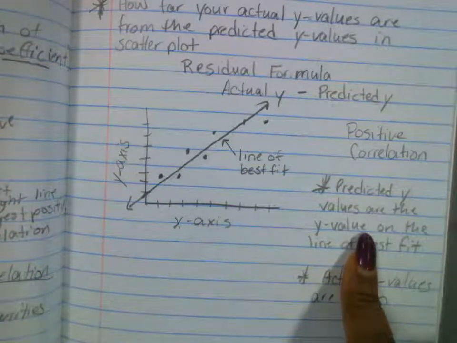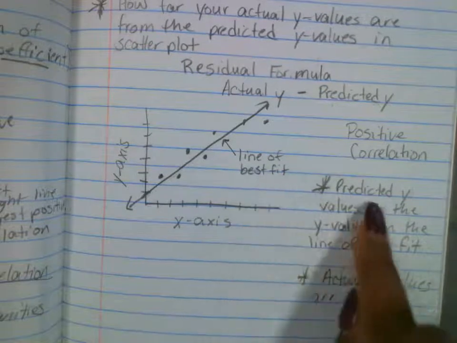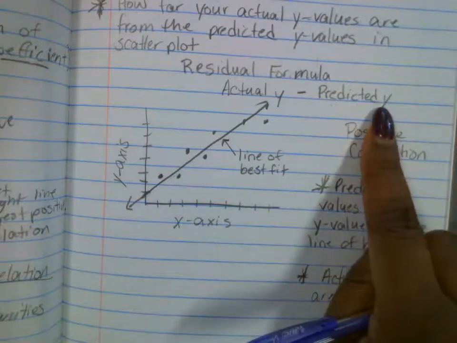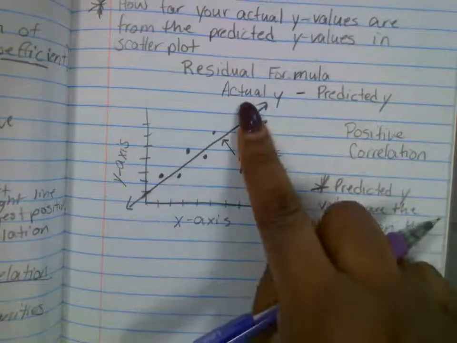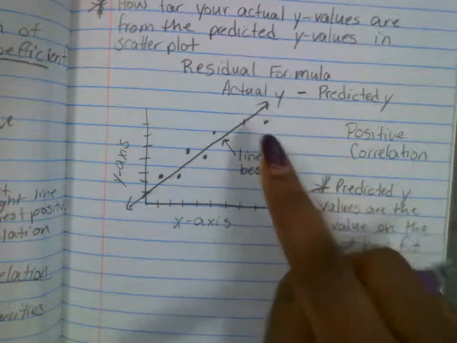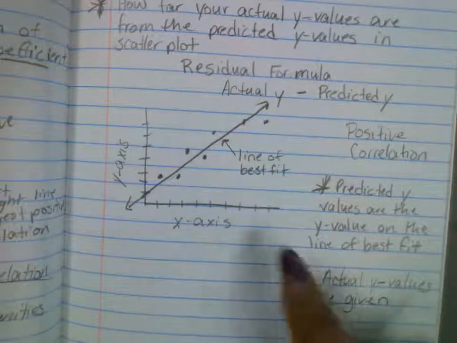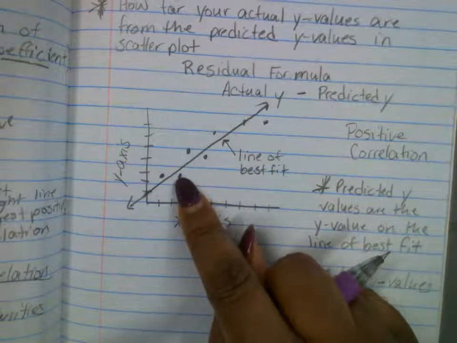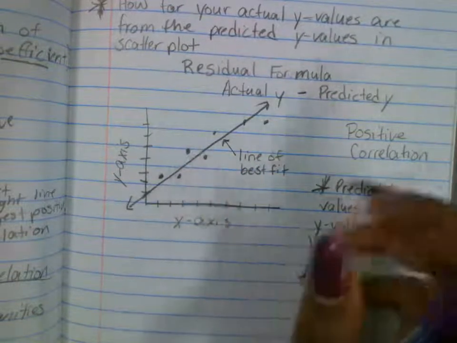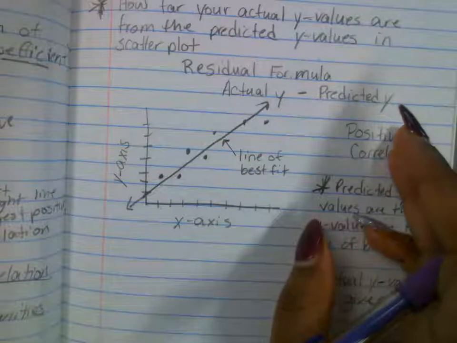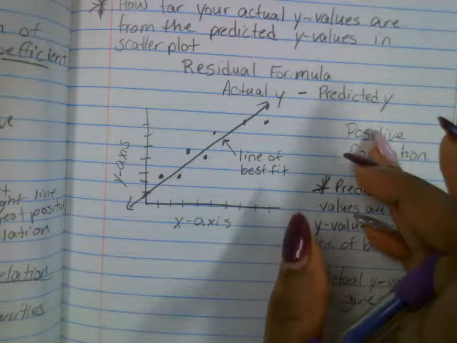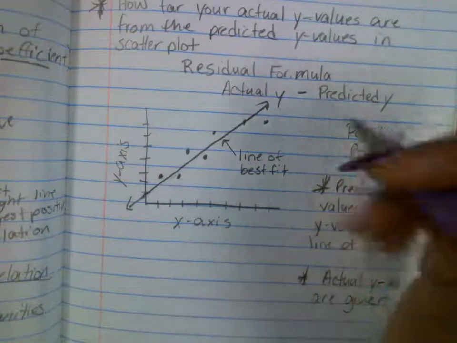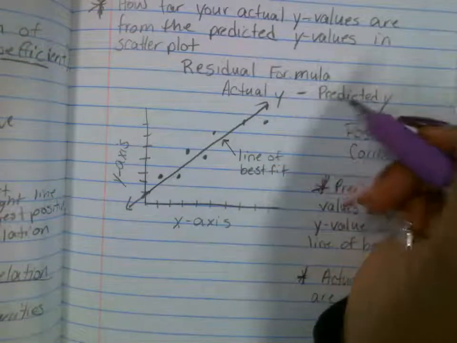So you need the line of best fit to figure out what the predicted Y's are. Your actual is already given. Those Y values are given. Those are the actual points. Whatever the Y value is for this point, the Y value for this point, and so on and so forth. Your residual is always going to be actual minus predicted.